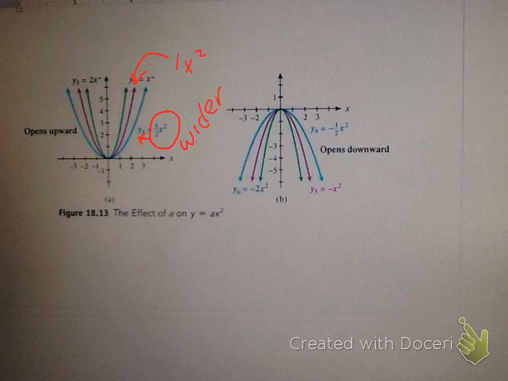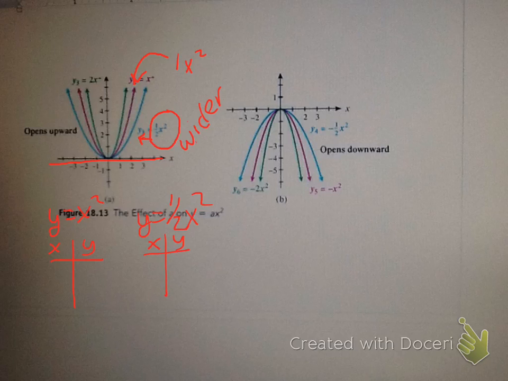The reason it's getting wider is, think about tables. If I have y equals x squared, and I make an x and y table, and I have y equals 1/2 x squared, and I make that same x and y table.